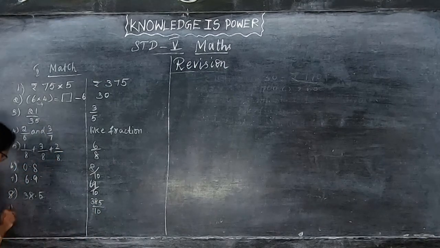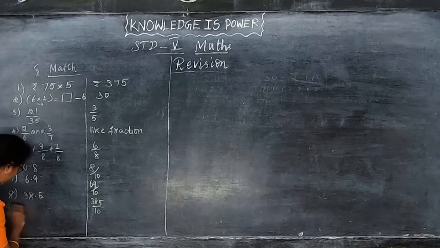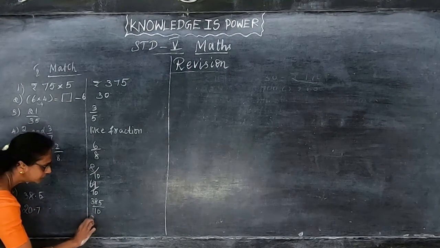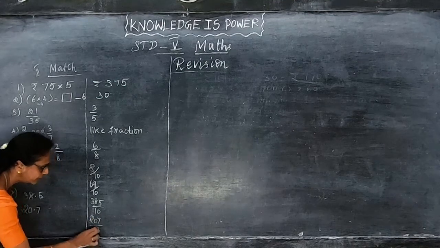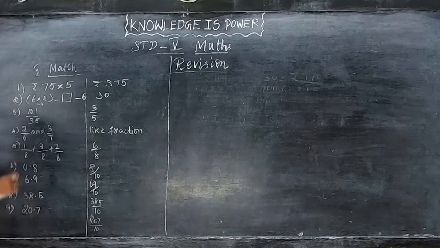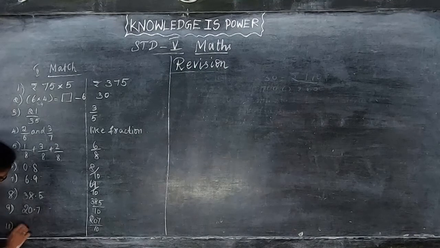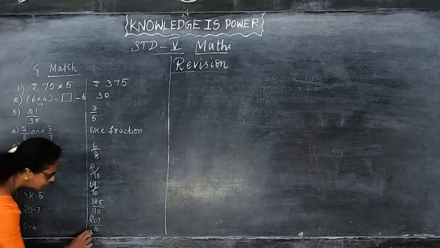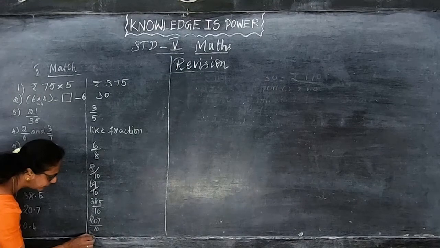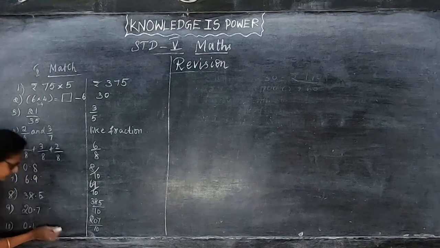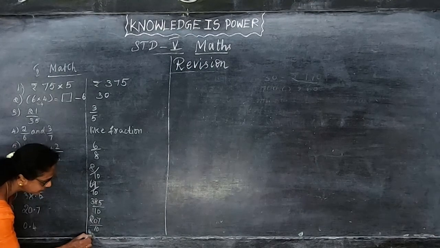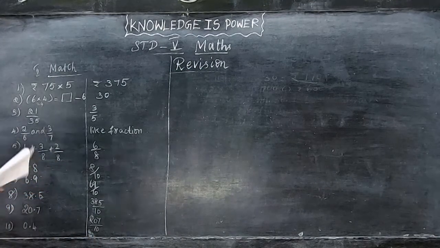Then 9th one, 20.7 is 207 by 10. And the last one, 0.4 is 4 by 10. Okay, so this is it.